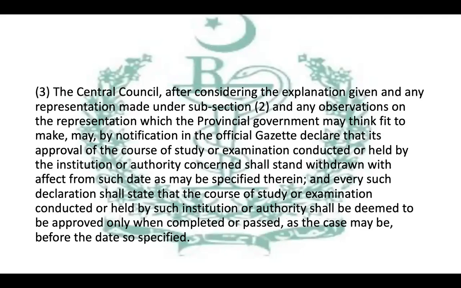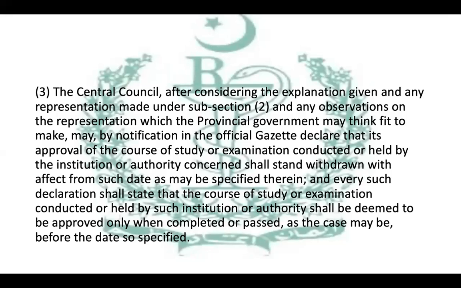Now, what Section 22(3) says: the Central Council, after considering the explanation given and any representation made under Section 21(2), and any observations on the representation which the provincial government may think fit to make, may, by notification in the Official Gazette, declare that its approval of the course of study or examination conducted or held by the institution or authority concerned shall stand withdrawn with effect from such date as may be specified therein.